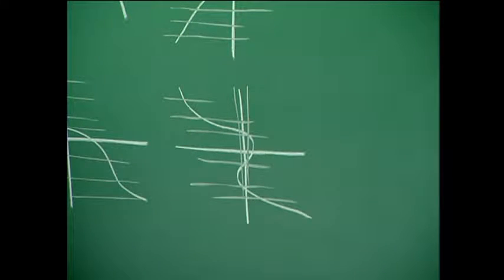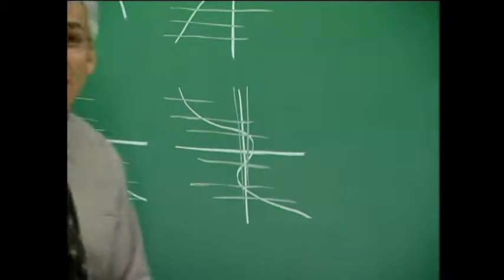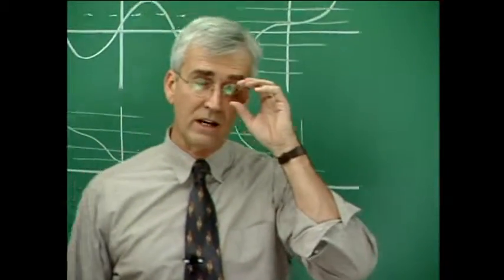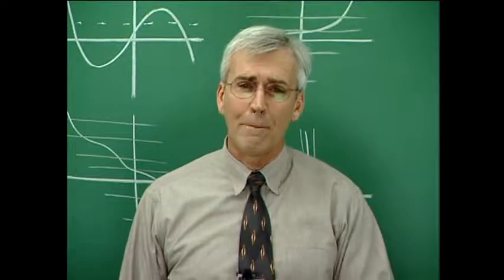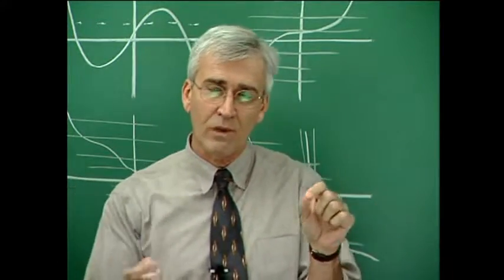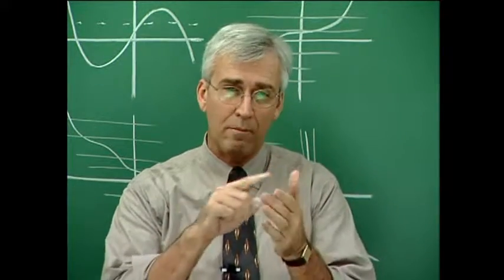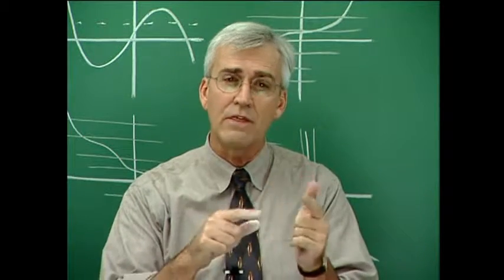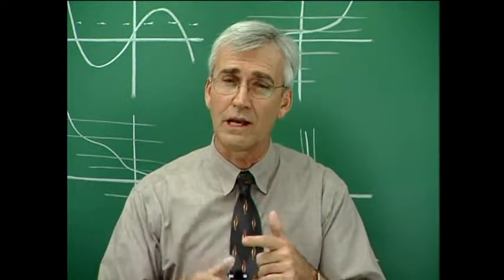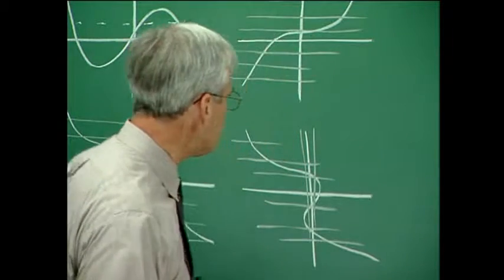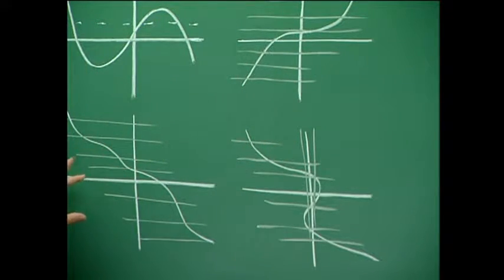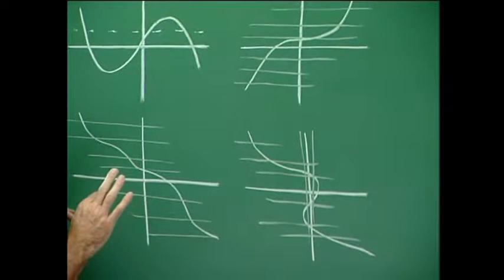So that one's out of the discussion anyhow. Okay, so we have situations where we can identify whether or not the inverse is going to be a function by looking at the graph of the function itself. If the graph passes a horizontal line test, then the inverse will pass a vertical line test and therefore be a function.